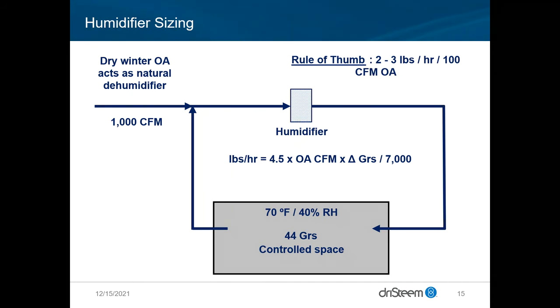So again, your outside air in CFM is in there. You'll want to take your outside air condition on the psych chart in grains and subtract that from your desired condition in grains. Divide that by 7,000 because there's 7,000 grains in a pound of water. That 4.5 factor on the left side of the equation is a correction factor for minutes to hours, and then density of air. That is important at elevation, of course.